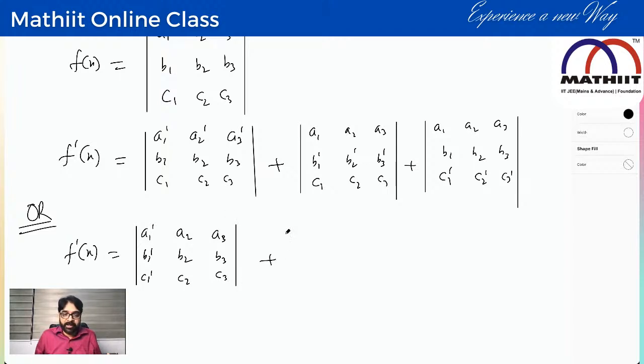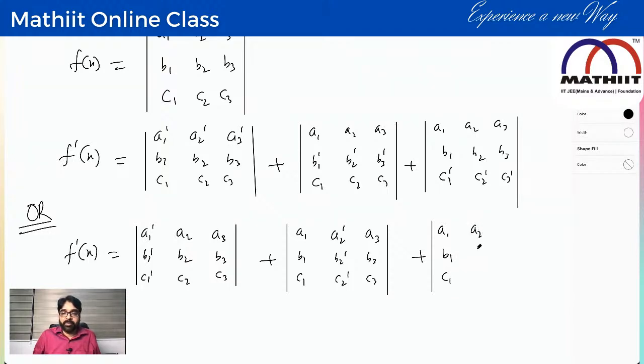Plus differentiation of the second column, rest everything same: A1, B1, C1, A2', B2', C2', A3, B3, C3. Plus differentiation of the last row, rest everything same: A1, B1, C1, A2, B2, C2, and A3', B3', C3'.